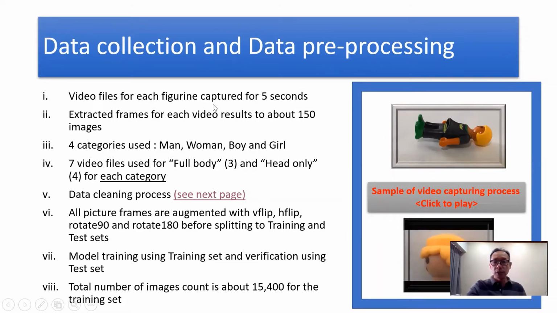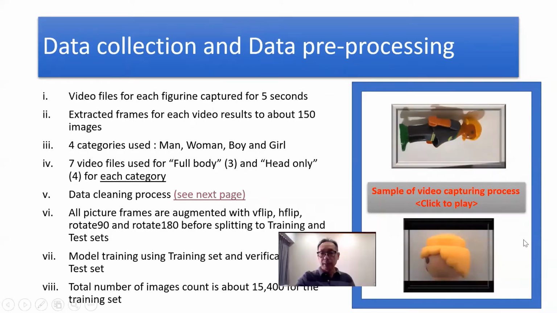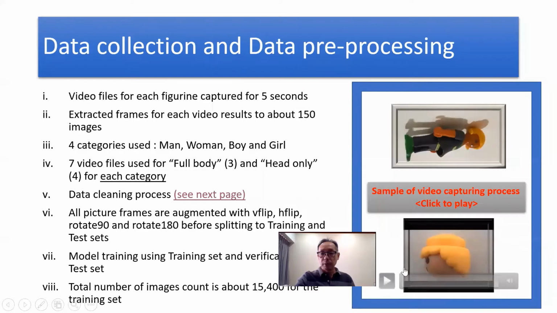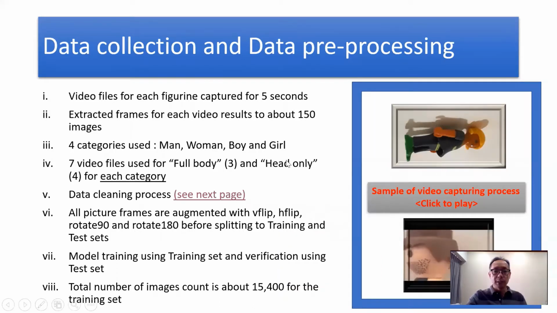Video files of each figurine were captured for about 5 seconds. Let me just quickly run this for you to see. It's about a 5 second video. That's how I shot the image, and that's for the full body, and this is for the head itself. Essentially about 5 seconds each for the video captured.